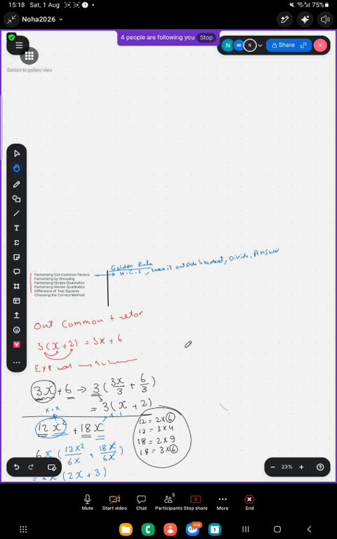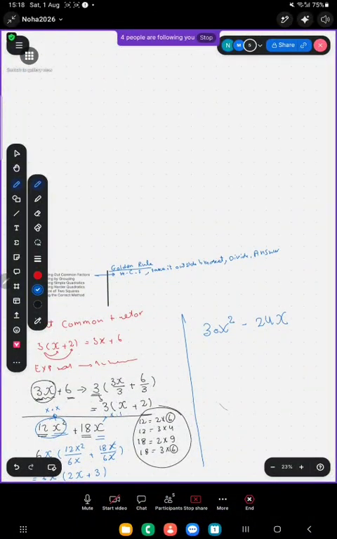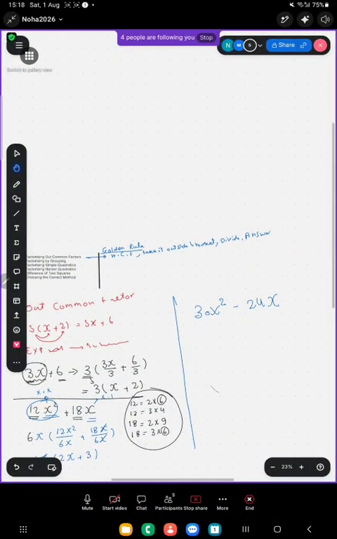If we started to solve another one to get out the common mistake as we used to make, look at here. If we have 30x power of 2 minus 24x. Here, where is my highest common factor? Who can get it? Maybe 6?